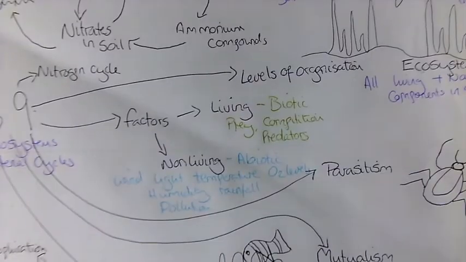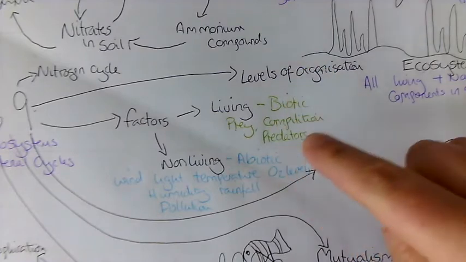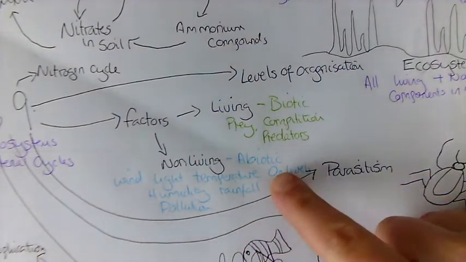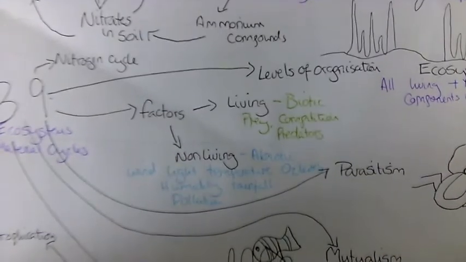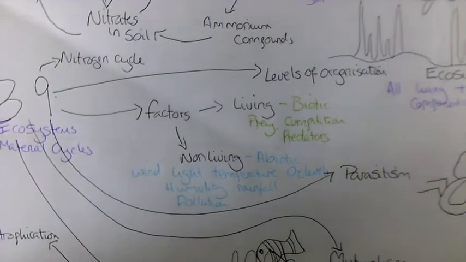So living factors are called biotic, that's your prey, competition and your predators. Non-living is abiotic, and that's your wind, light, temperature, oxygen levels, humidity and rainfall.